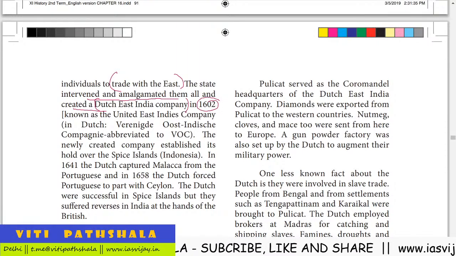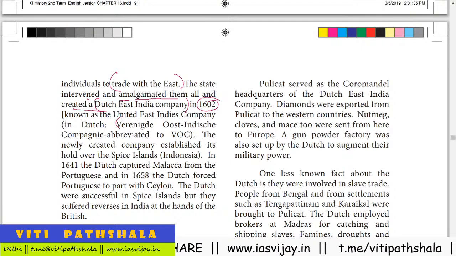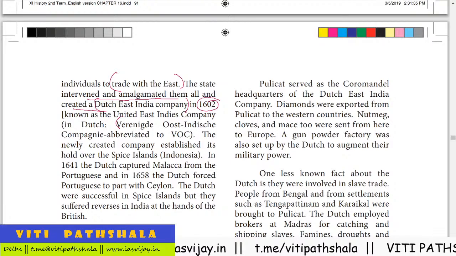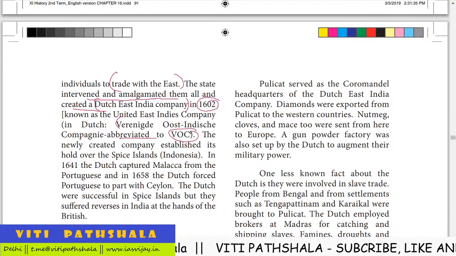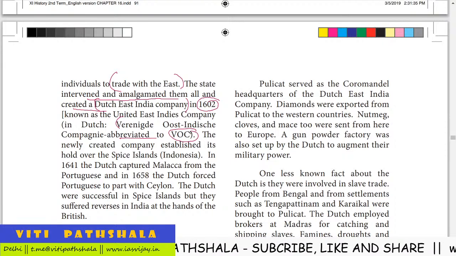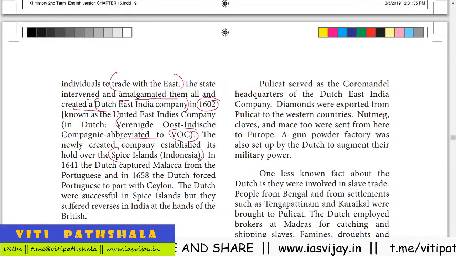Known as the United East Indies Company, in Dutch, Verenigde Oost-Indische Compagnie, abbreviated as the VOC. The newly created company established its hold over the Spice Islands of Indonesia.